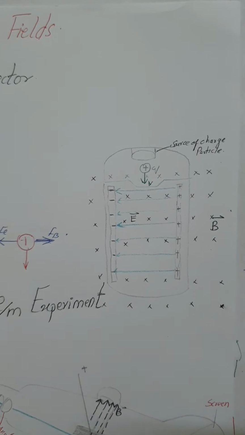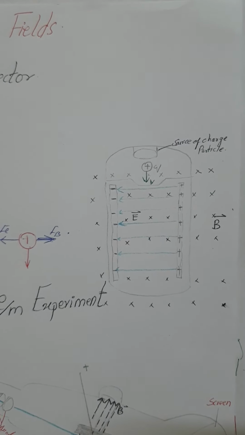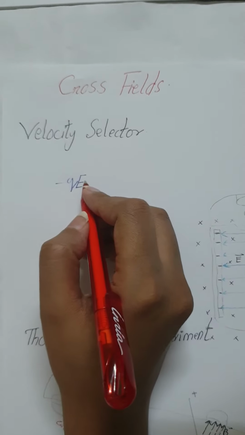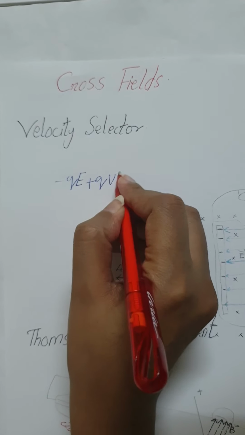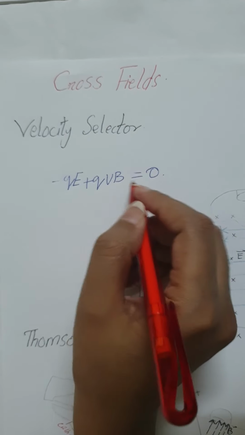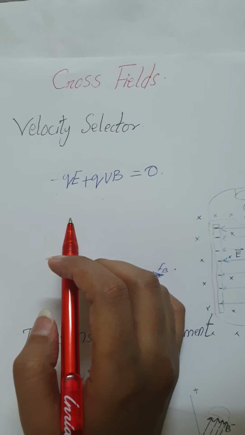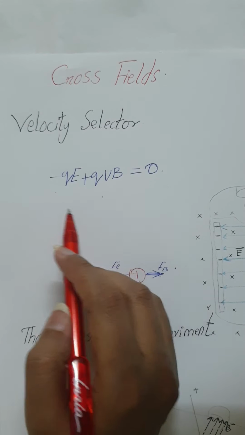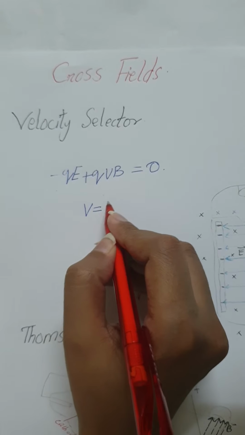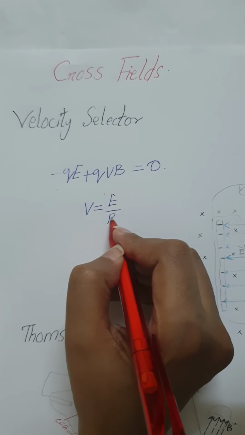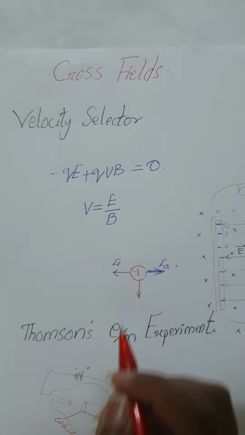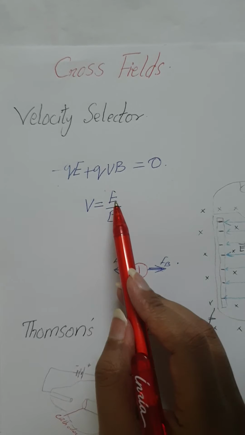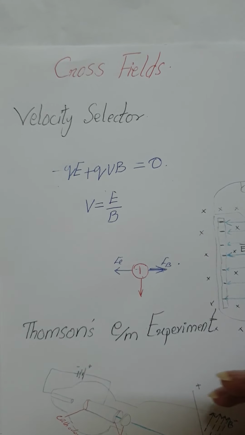So in such a case, the total force becomes zero, and it shows that there is no deflection, and the speed of the particle is the ratio of electric and magnetic field. Only the particles with speeds equal to E over B can pass through without deflection.